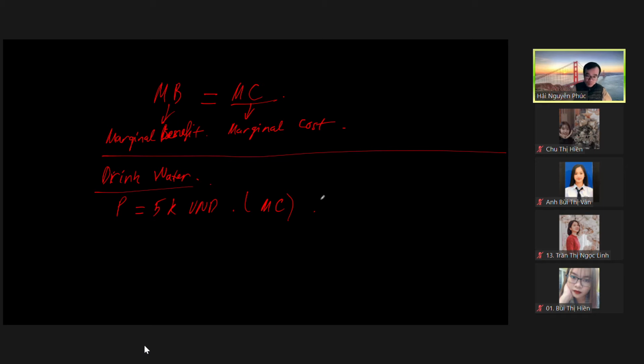Now let's focus on the marginal benefit. You know that the rule is your net benefit is going to be maximized when MB equals MC. Hope that you remember this rule or principle.